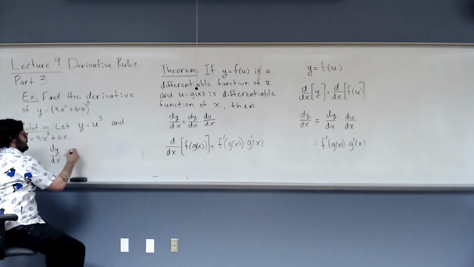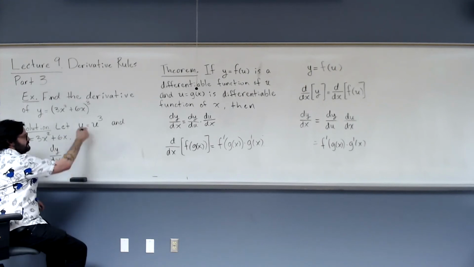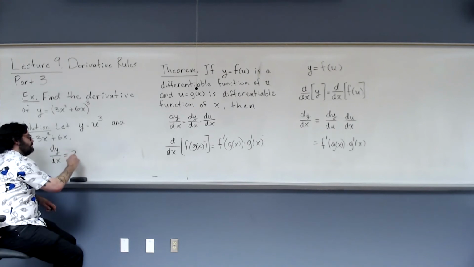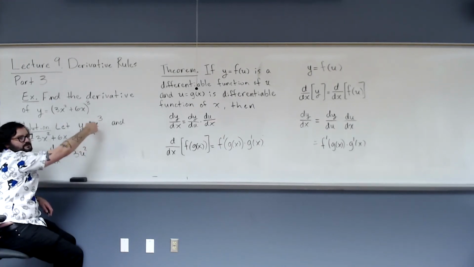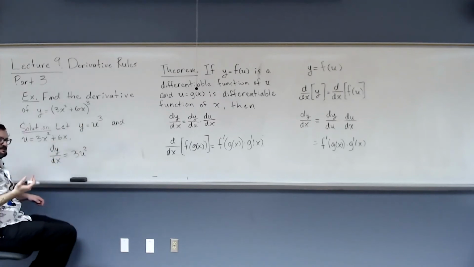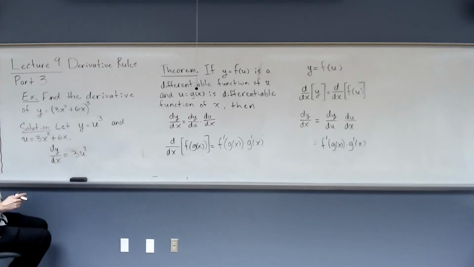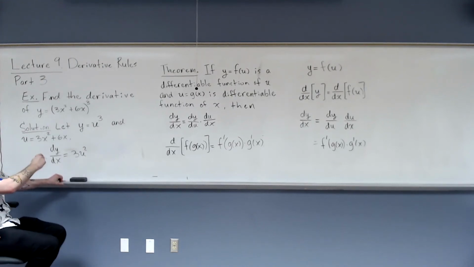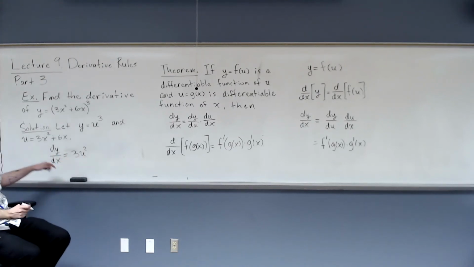So what's dy du? 3u squared with the power rule. 3 times u to the power 2. There's definitely a 2 in there. So that's dy du times du dx.